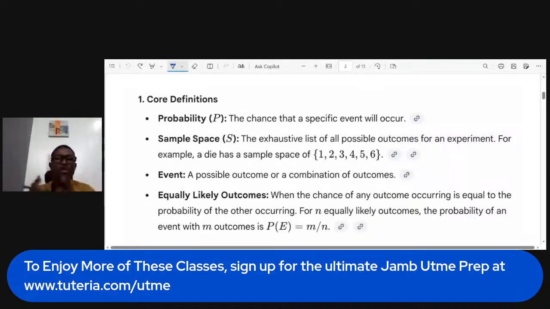So the probability of obtaining an even number when you throw a die up is 3/6. And that is the probability. And that 3 over 6 gives you 1 over 2, which is 0.5. Can you now see that it lies between 0 and 1? Your answer for a probability question cannot be more than 1 and cannot be less than 0.